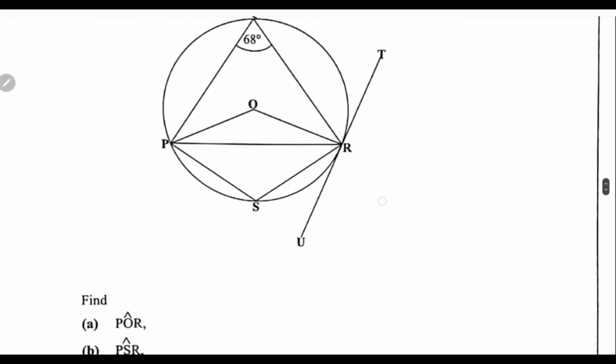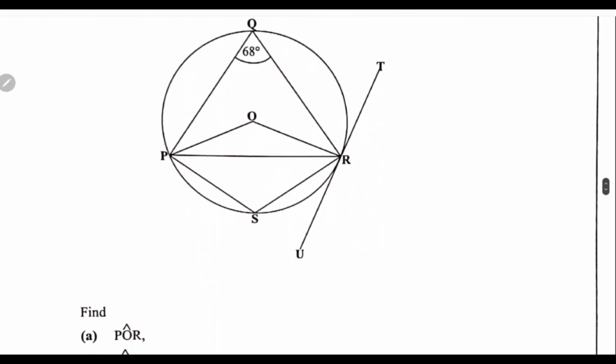Okay, let us check the first question. The first question is asking us to find angle POR. So this is the angle that we are asked. If you know circle theorems, you can see that this is an angle at the circumference, and the angle that we are asked to find is the angle at the center.